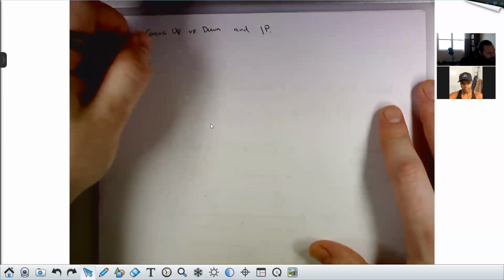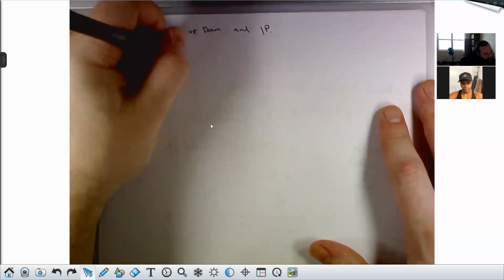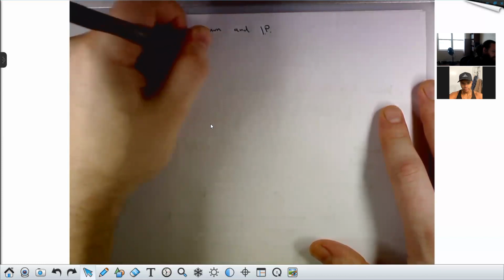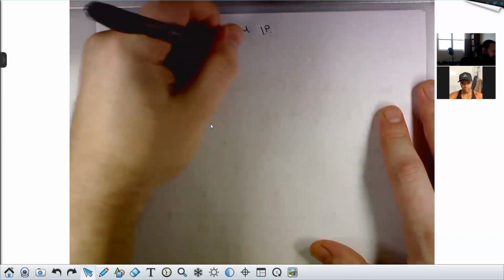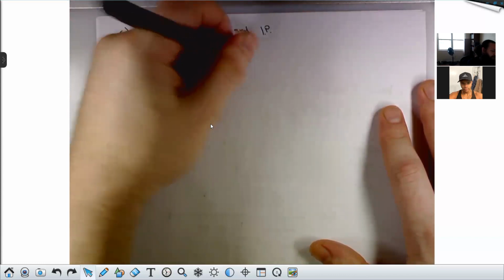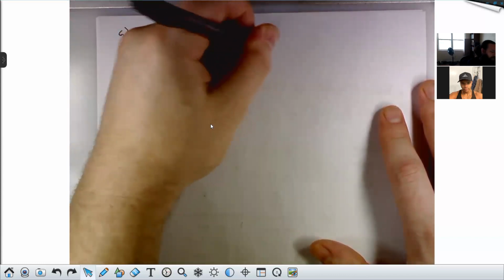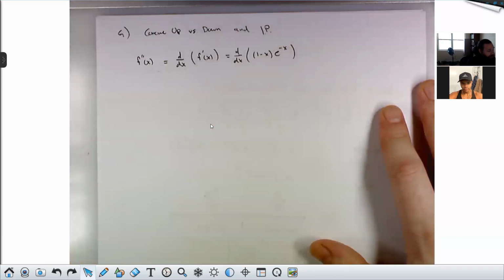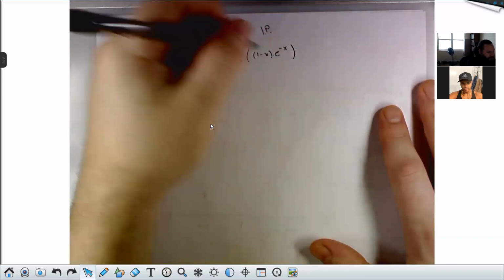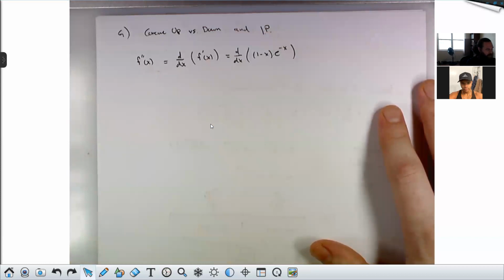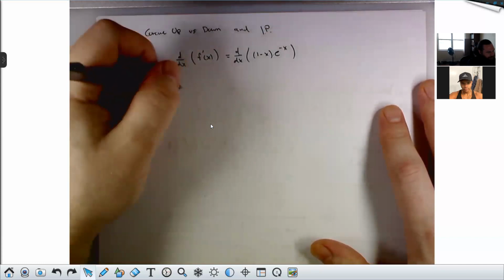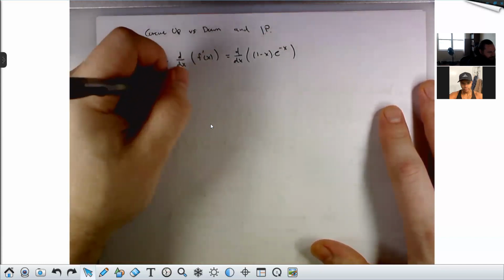F double primed we find by taking the derivative of f primed, which is the derivative of 1 minus x times e to the negative x. And that is, again, a little product rule derivative. I'm going to come back over here to do it. Maybe I'll write this one out schematically.